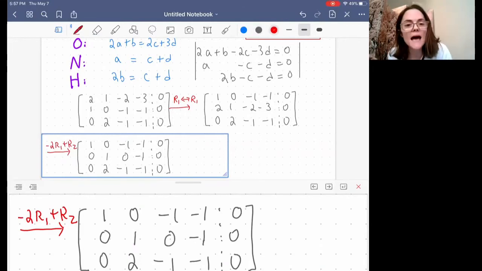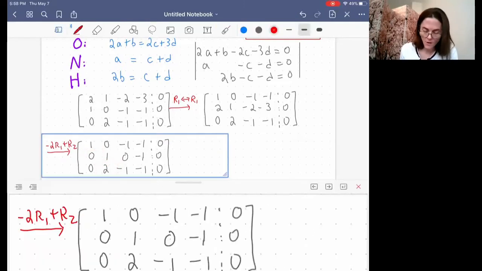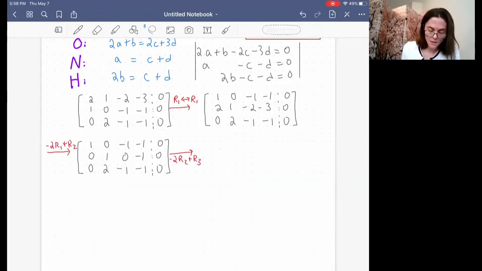In fact, we have our first 2 leading 1s. Leading 1, leading 1. The next thing to do is to turn this into a 0. So I'm going to take minus row 2, add it to row 3. And then again, let me see if I can copy.